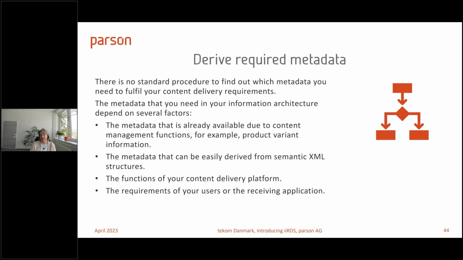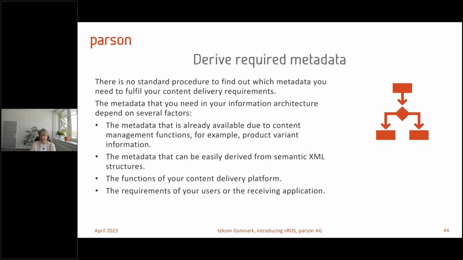As I said, to decide which metadata you actually need, there is no standard way, and iiRDS does not decide how you derive the metadata that you need. But there are some sources that you can use, and one is, of course, your existing content management system, where you probably have a lot of variant information already, and you can use that.